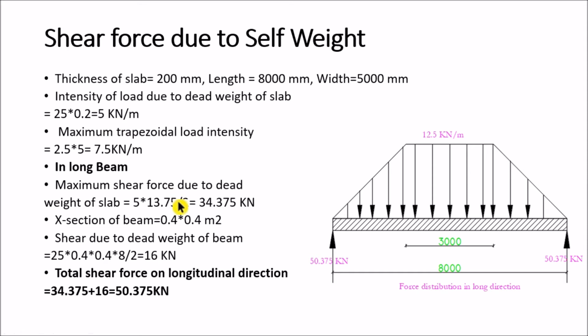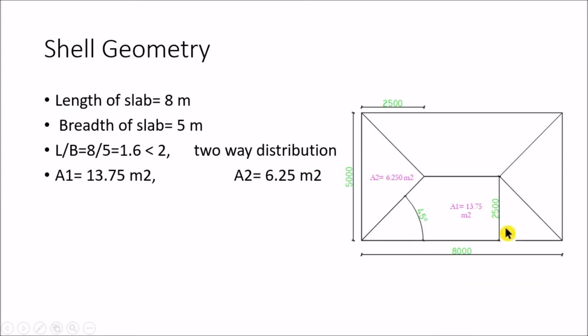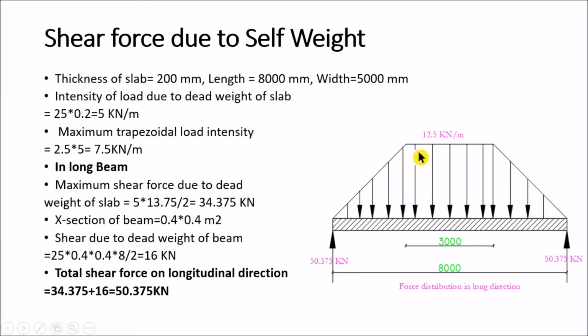Now the maximum trapezoidal load intensity, that is the value of load intensity of this trapezoidal load, will be 2.5 into 5, where 5 is the intensity of the dead load and 2.5 is this height. This gives 12.5 kilonewton per meter in the long beam.